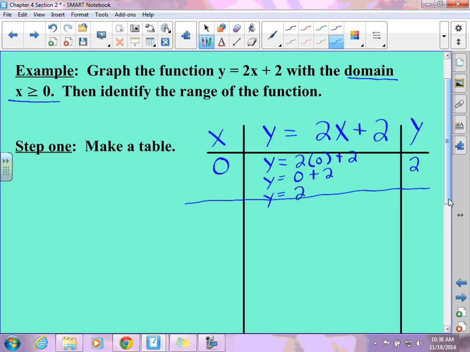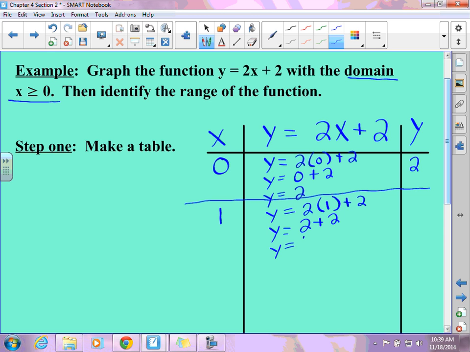Are the numbers bigger than or smaller than 0? They are bigger. That inequality means that the numbers are getting bigger. So I'm going to choose a number that's bigger than 0, and I'm going to plug in 1 because it's super easy. It's the next number, and my numbers aren't going to get super huge. So y equals 2 times 1 plus 2, y equals 2 plus 2, y gives me 4.